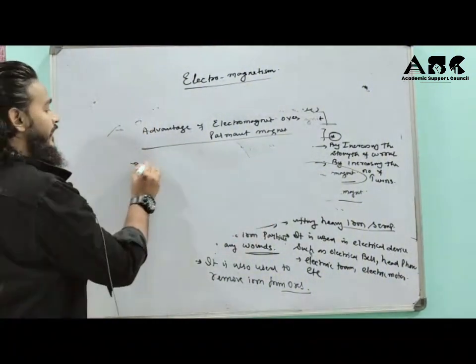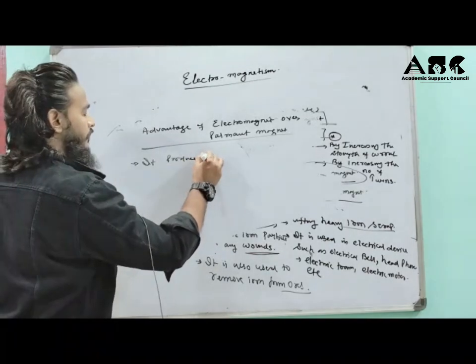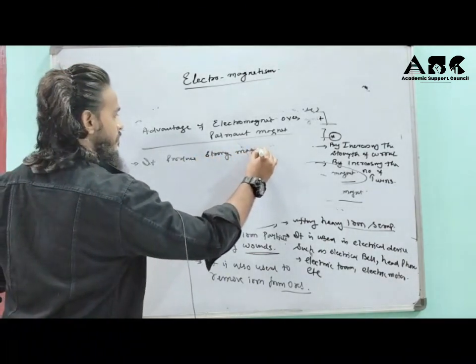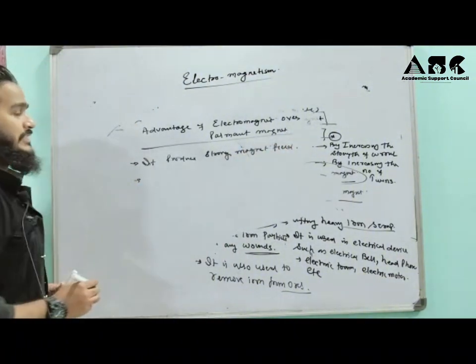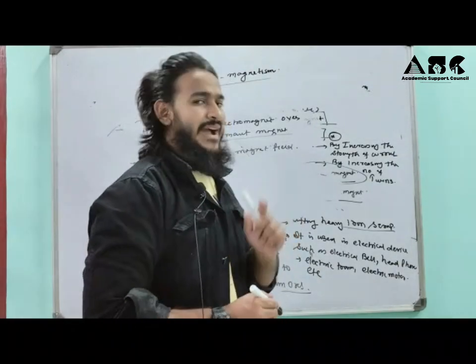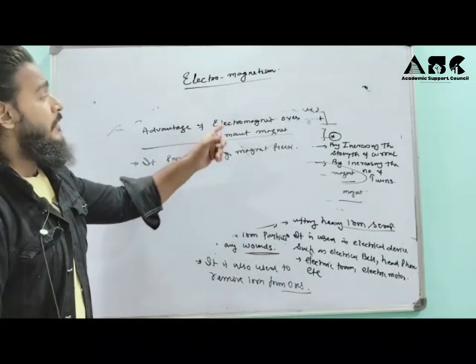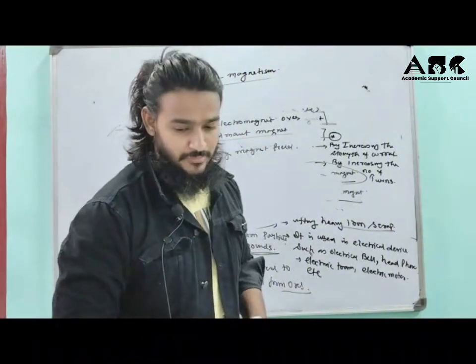Number one, it produces a strong magnetic field. Permanent magnet also produces a magnetic field, but that is not very strong. Remember my point. But the electromagnet always produces a strong magnetic field.